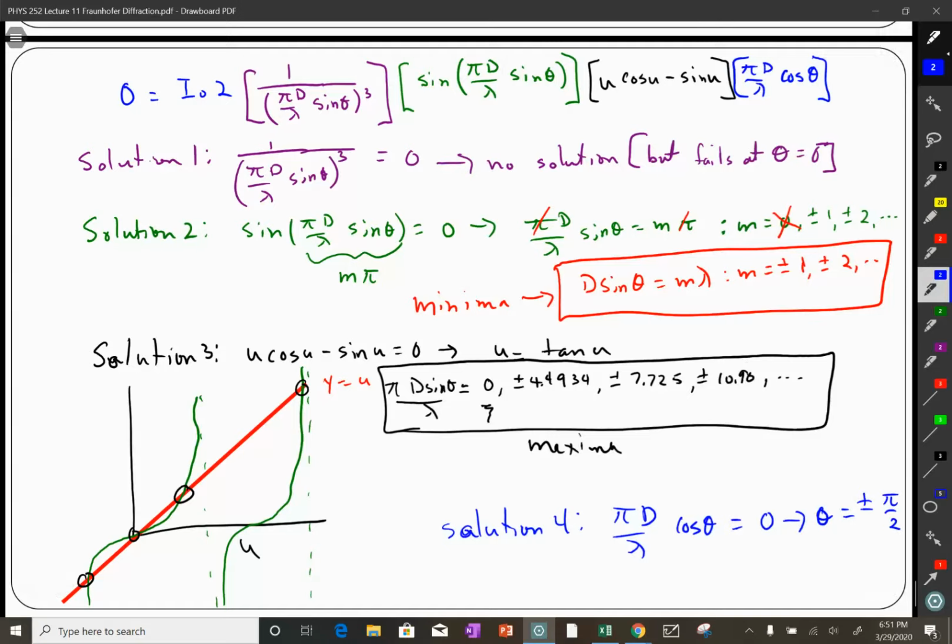You don't have any light that goes past plus or minus pi over 2. So that's kind of a throwaway, but that's also a minimum condition. So there you have finding the maxima and the minima for a single slit diffraction. So those are the things that you need to be able to do for the exam. If you have any questions, of course, feel free to contact me, and I hope that you feel a little confident.